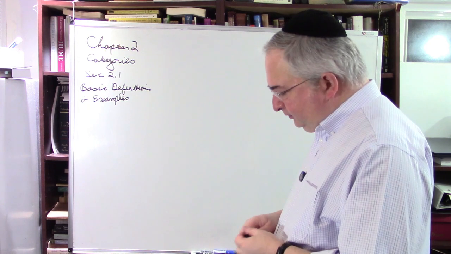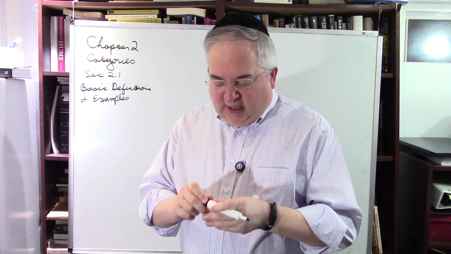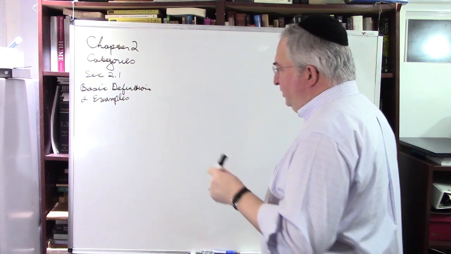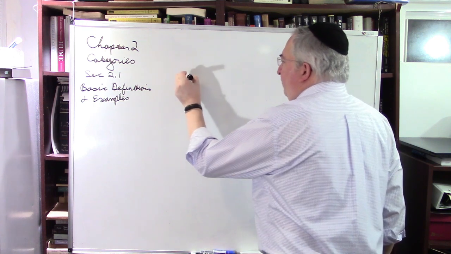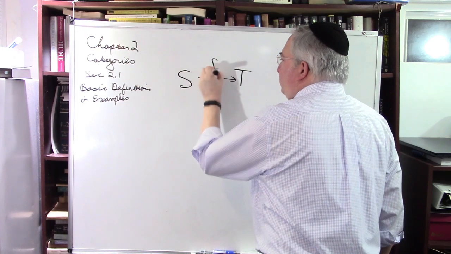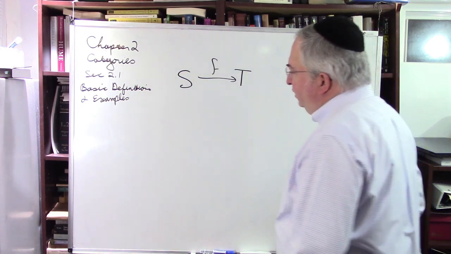So let's just go back to sets for a minute. We talked a lot about sets, and what we saw was the main thing was functions. So I want to say something that I didn't say before about functions. If you have a set S and a set T, and you have a function F from S to T, we have to get some notation.